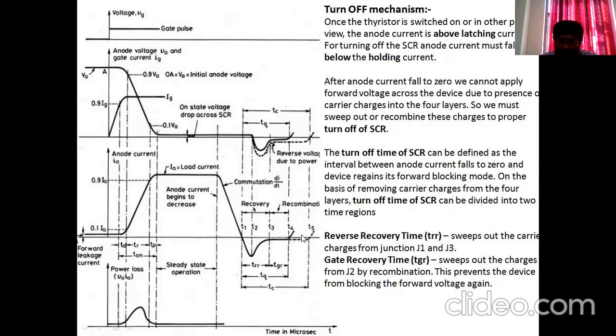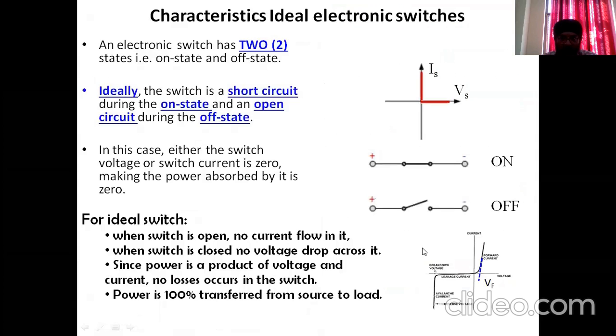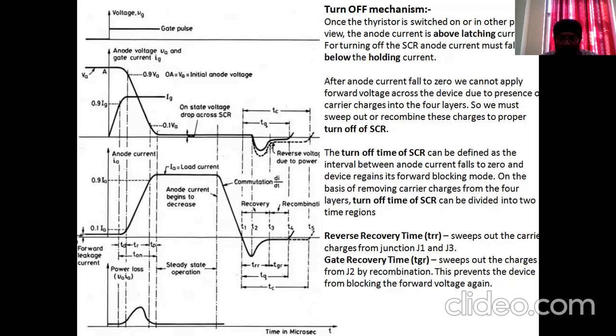So now the forward blocking of the device is possible at this point. From here we can say that the transition losses over here are the turn on loss, and this is the turn off loss, which is not shown over here. And both of these losses are summed together for calculation of switching loss.